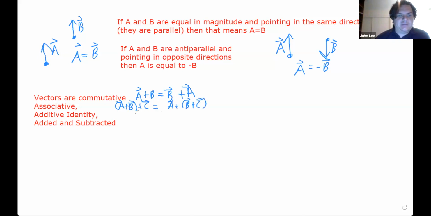Then when you add A plus 0, so a vector that has no magnitude or direction, then that is just going to be equal to A, and they can be added and subtracted, where I'll show you how to add later, but A minus B is equal to A plus negative B.